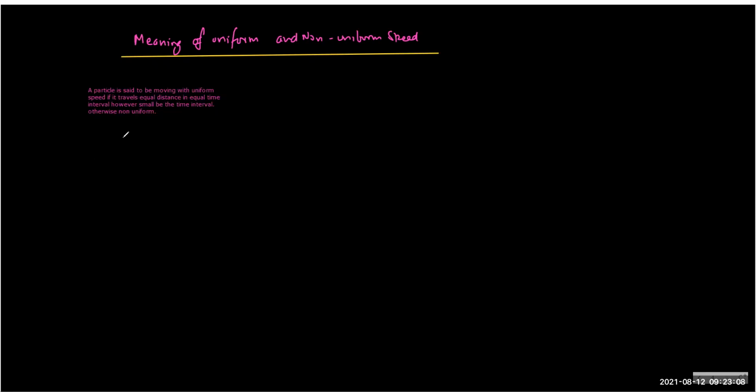A particle is said to be moving with uniform speed if it travels equal distance in equal time interval, however small be the time interval, otherwise non-uniform. Okay, so in such case, for uniform speed, we write distance.